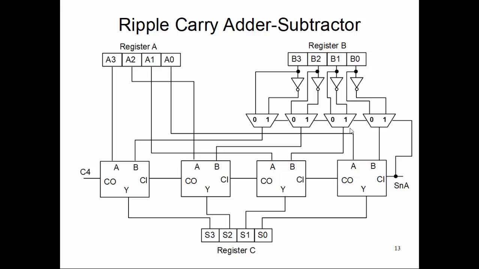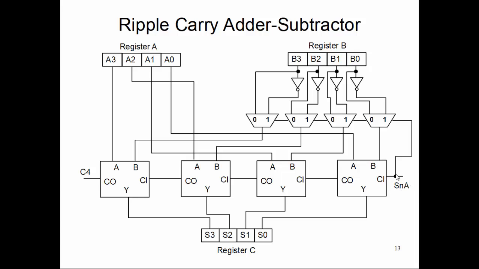So don't mix it up with some output coming out apart from the selection and going into another mux. It is not. This is simply the same selection lines, the selection inputs of the multiplexer connected to the same control signal SNA.